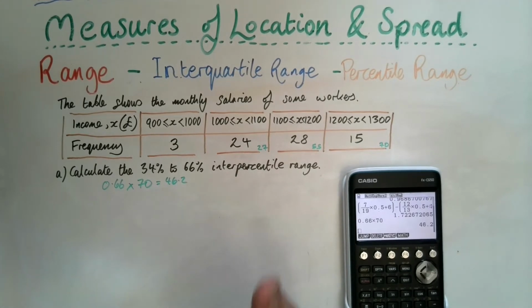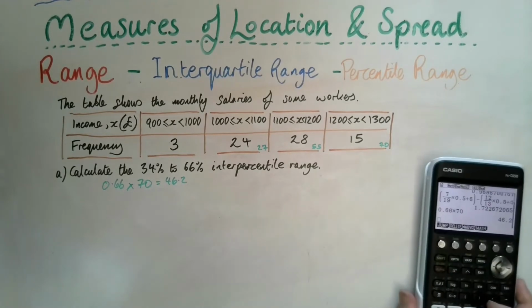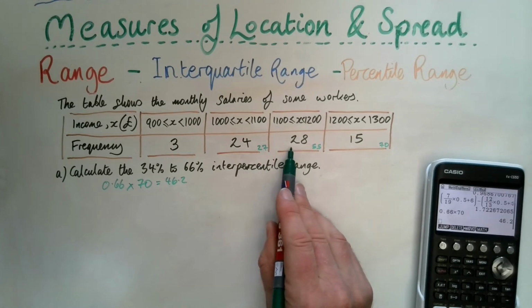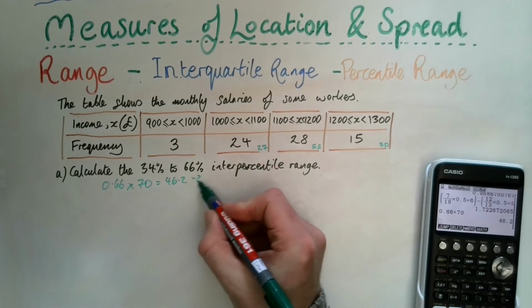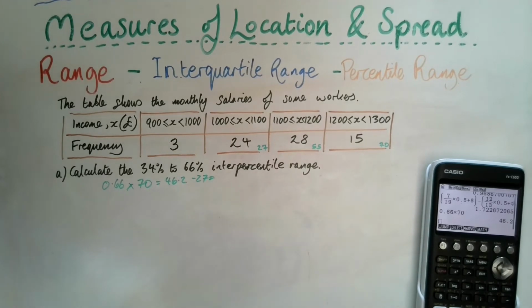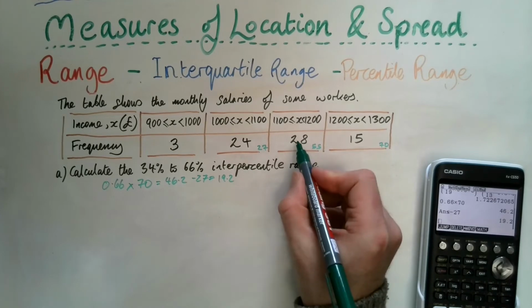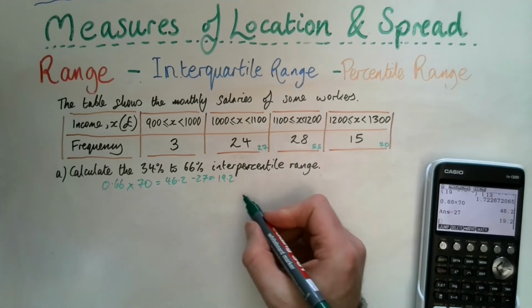We want the 46.2 best paid worker, or worst paid worker. And so where's that going to come? That's going to come in here somewhere, isn't it? Because there's your 27, there's your 55. So take 27 away from that, and we get 19.2 into this zone.